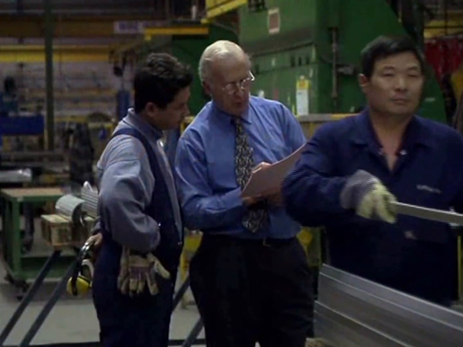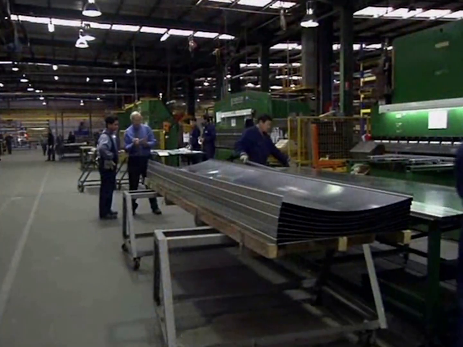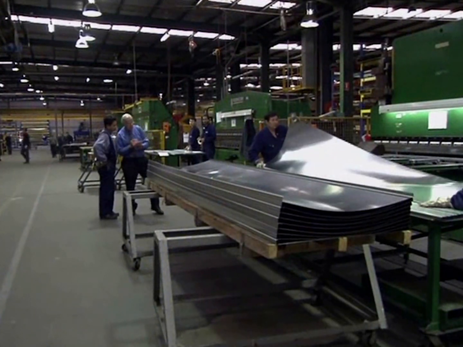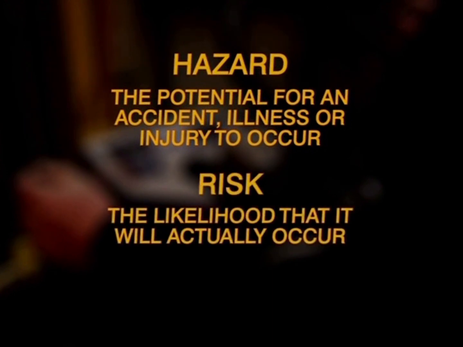Once a hazard has been recognized, there has to be an evaluation or assessment process of the hazard to identify exactly what risk or risks it presents. It should be remembered that a hazard is best described as the potential for an accident, illness, or injury to occur, and a risk is the likelihood that it will actually occur.